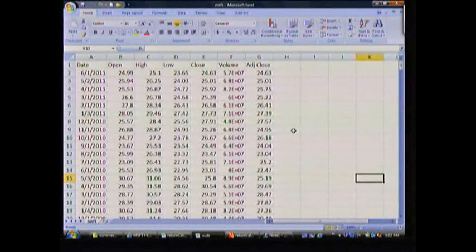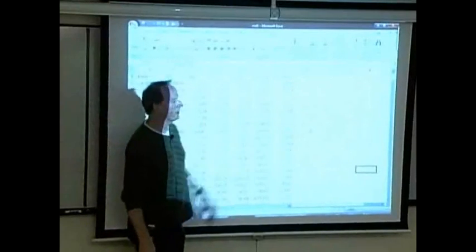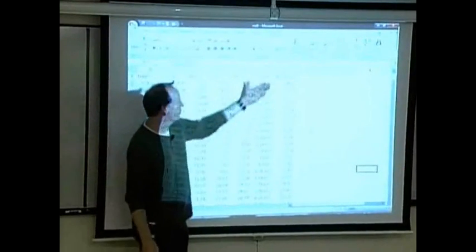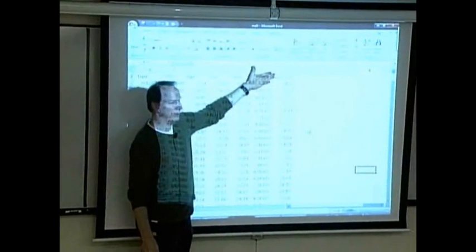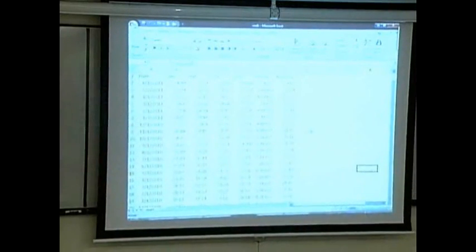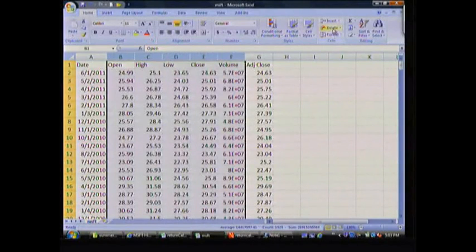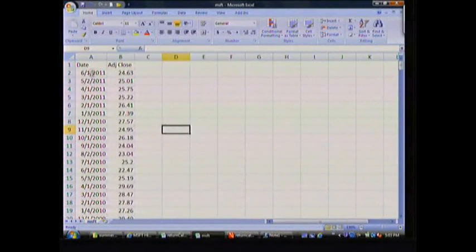When you download the data, you have the date, open, high, low, close, volume, and adjusted close. For our purposes, we're going to do most of our analysis on this last column. So we can get rid of all these other things in between. You would just highlight these and then delete them. And so now I have my date and my adjusted close.